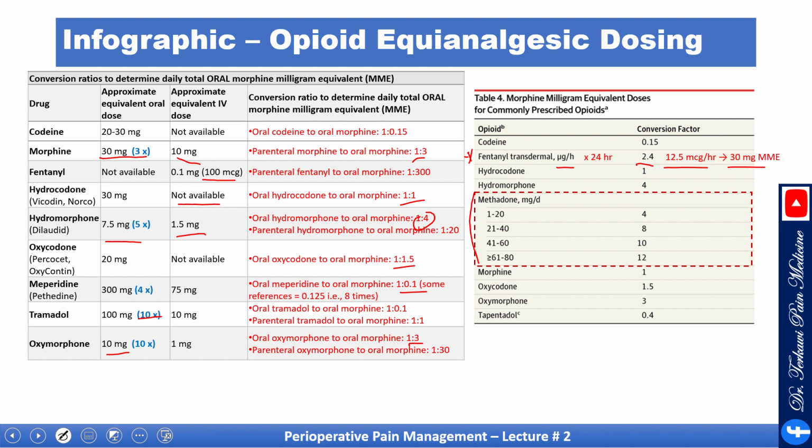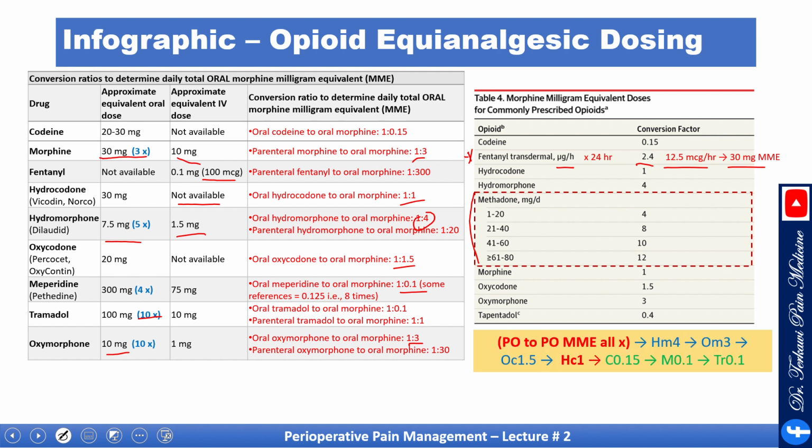Now, to help you memorize this, I made you this small cheat sheet. So from oral, PO to PO, morphine equivalent, all multiply. So think about HM, is hydromorphone. That's 4 times more than the morphine.